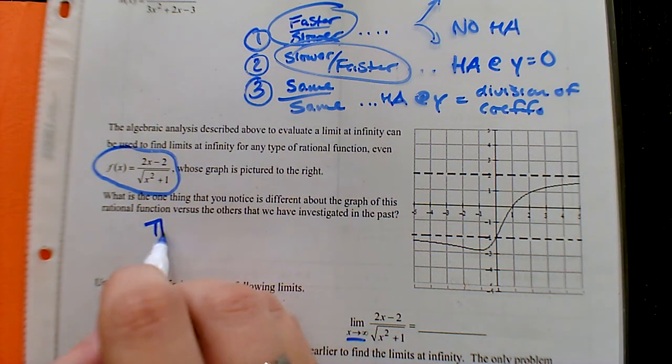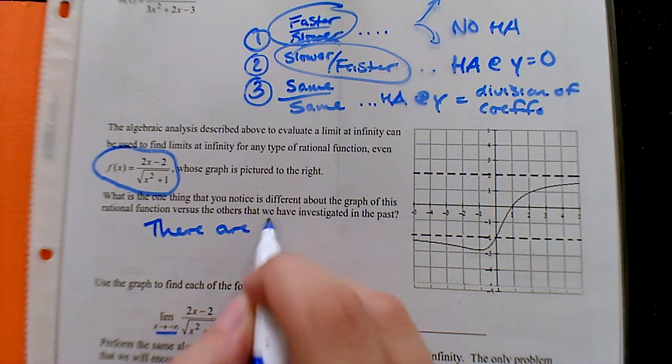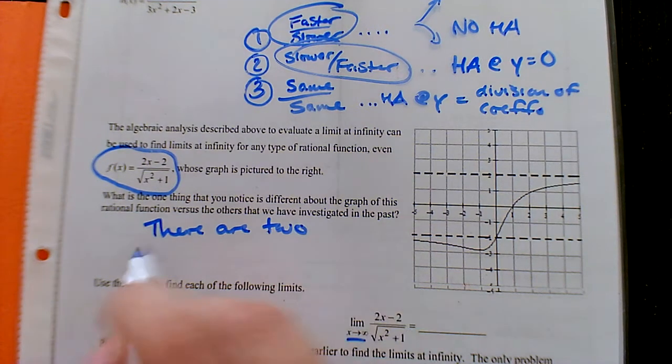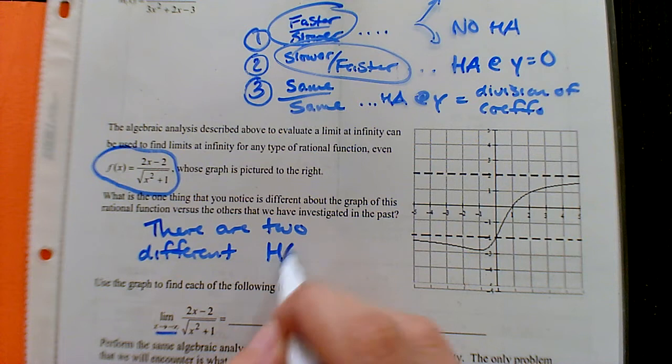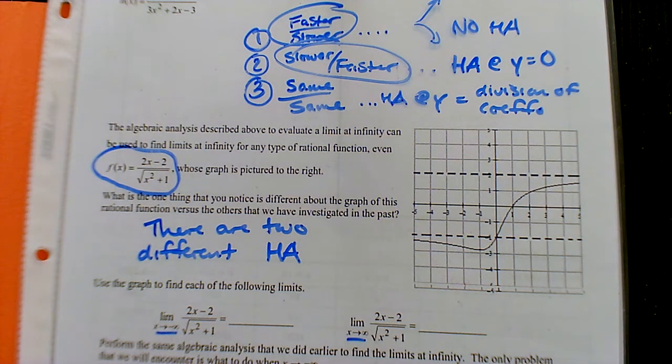Okay, so we'll say there are 2 different horizontal asymptotes. And notice how they change. If you trace the graph to the right, you're going to get a different horizontal asymptote than the one you get to the left. Correct? Based off that picture. So let's go ahead and find those.